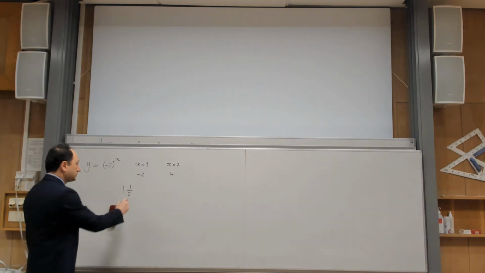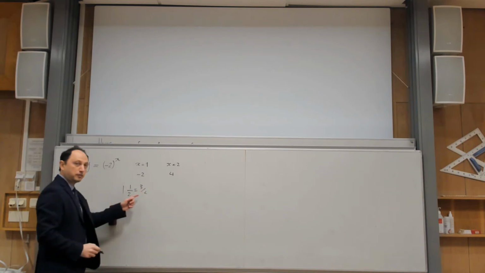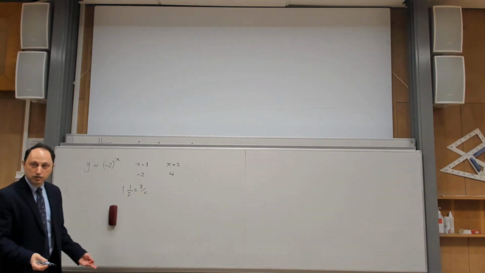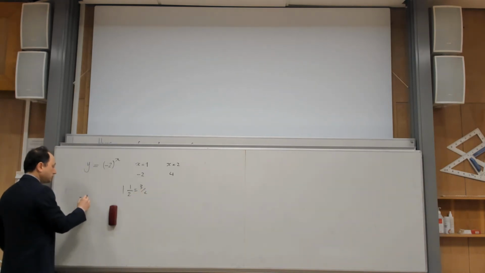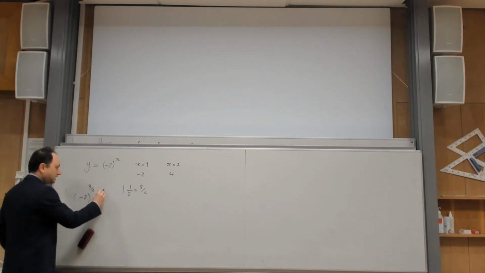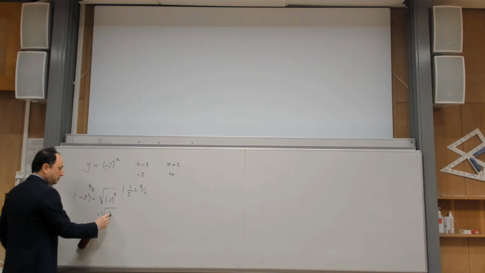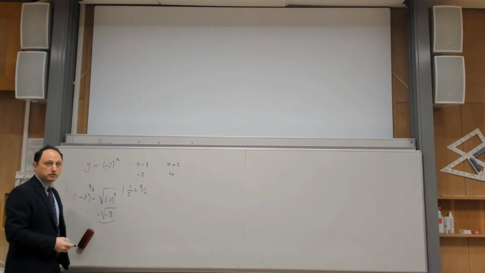Yeah, that's the square root. Or 3/2. Then it becomes problematic again. It's not defined at all. Because then it becomes minus 2 to the power of 3/2. But this means the square root of minus 2 to the power 3. Minus 2 to the power 3 is minus 8. And it becomes the square root of minus 8, which is not defined at all.